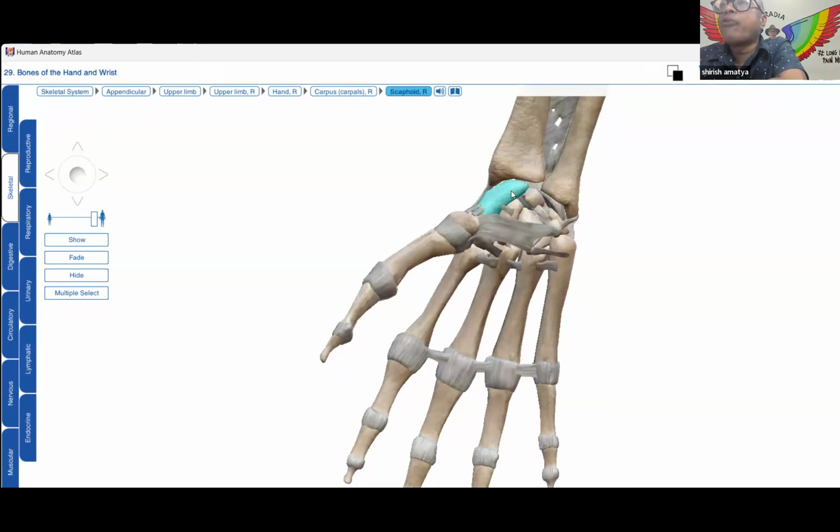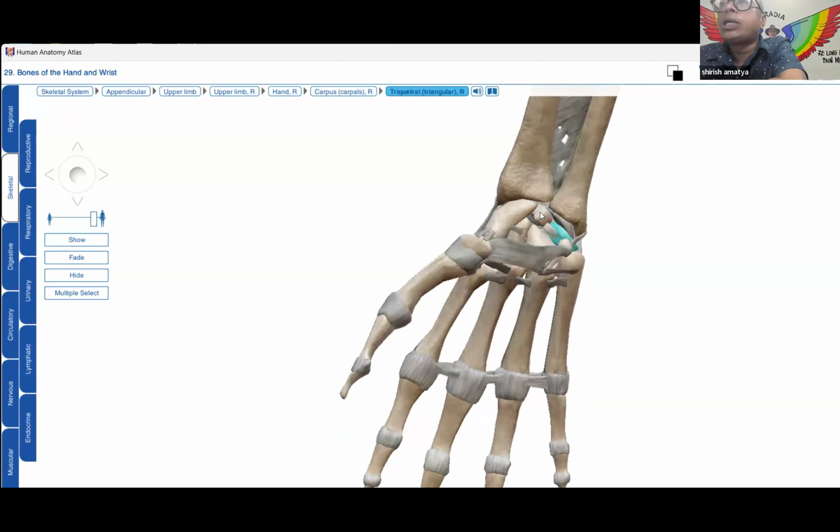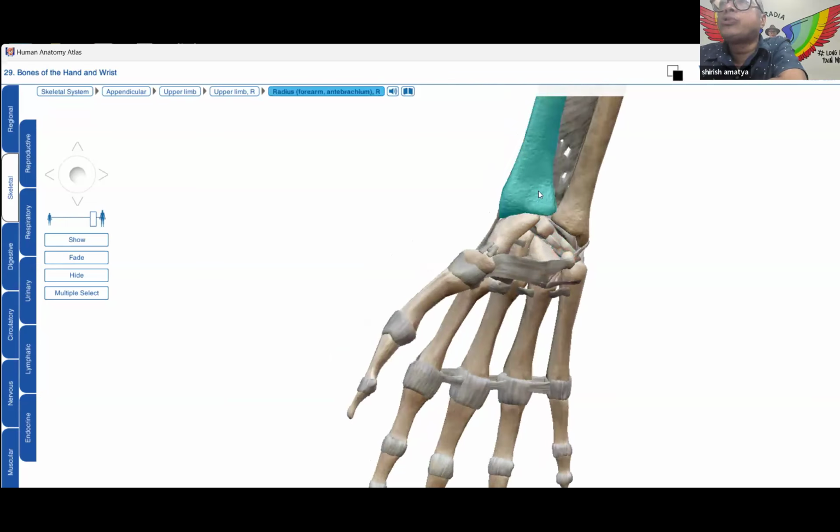This one is the scaphoid bone, and this one is the lunate bone, and medial to this is the triquetral, and above the triquetral is this rounded bone, the pisiform bone. These four bones form the proximal row of the carpal bones. Out of this proximal row, the scaphoid, lunate, and part of the triquetral articulate with the distal end of the radius to form the wrist joint.